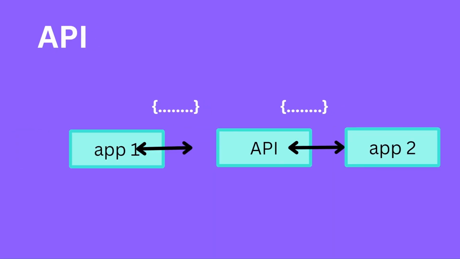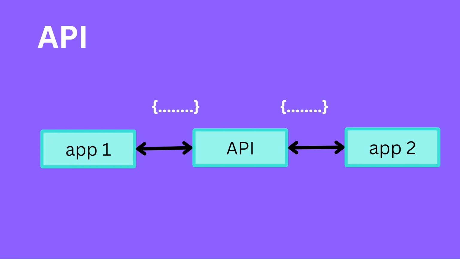Let's say we have two applications called App 1 and App 2. If App 1 requires the data of App 2, it cannot directly hit App 2 and get the data. We need some interface for hitting application 2 and getting its data. The API is the part that is responsible for doing this job.